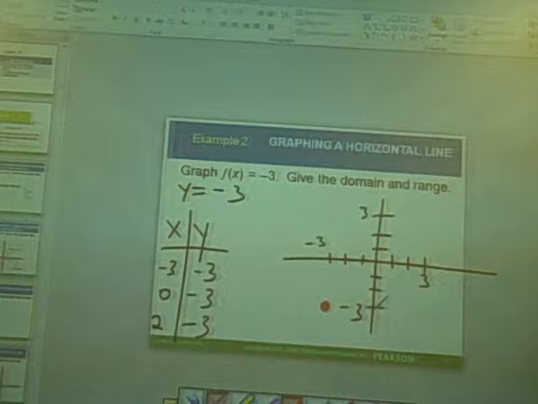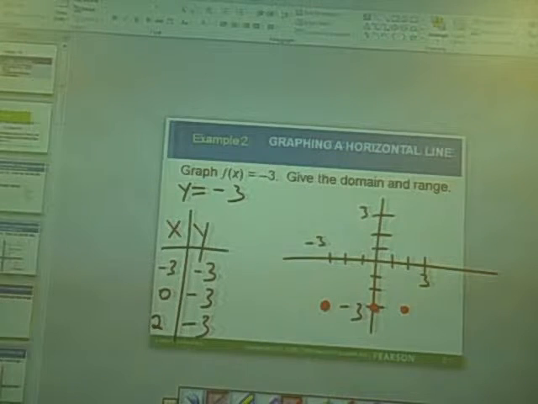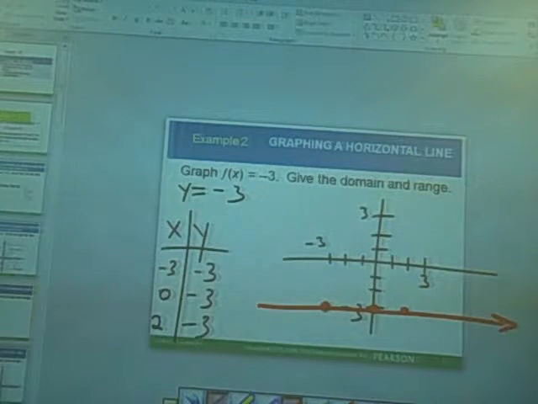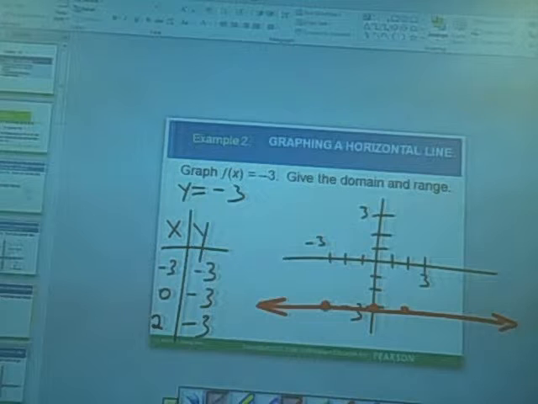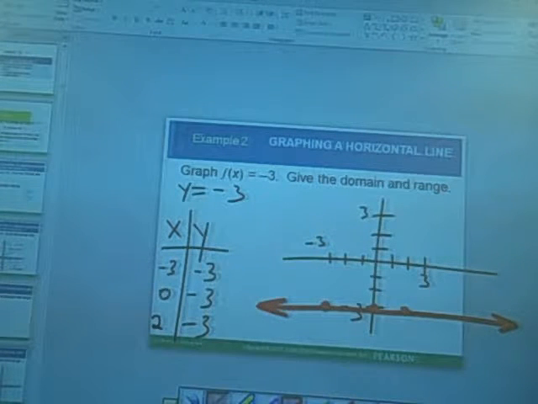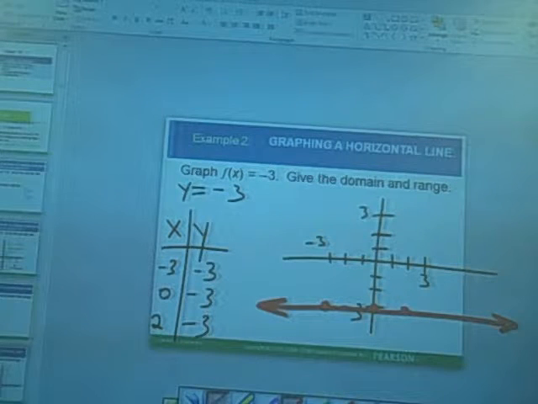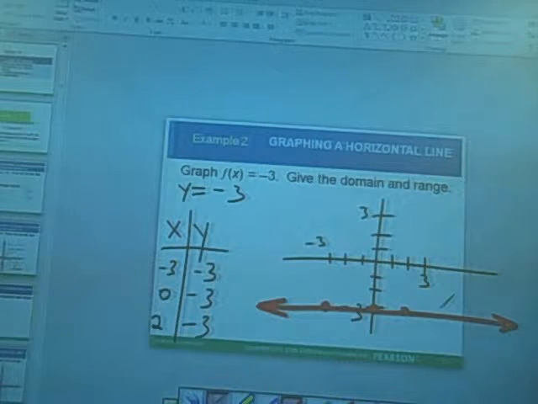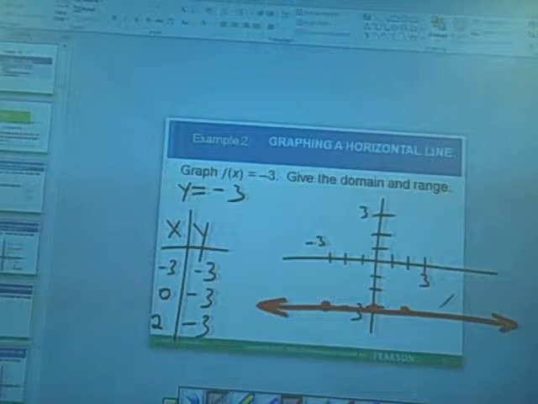X is 0, y is negative 3, and then 2, negative 3. So you can see here that f of x equals negative 3 is a horizontal line that goes through the y-axis at negative 3. Okay? So you want to look at this in terms of which axis it is going through. It's going through the y-axis at negative 3.